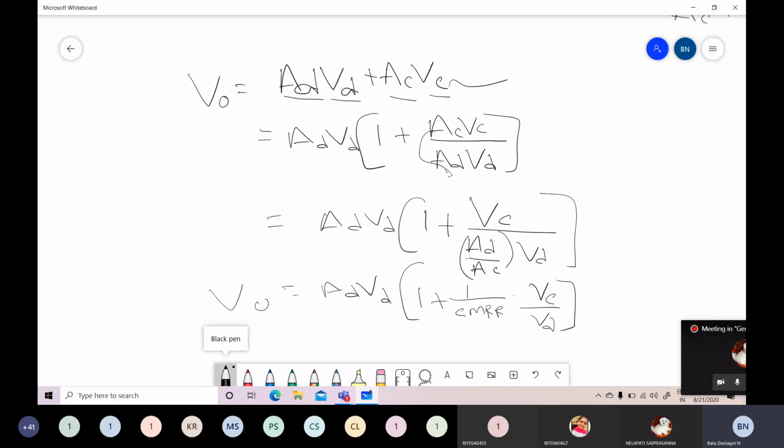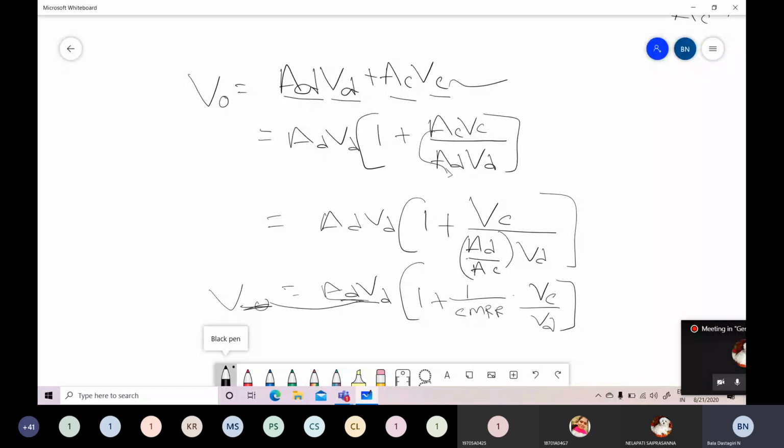Therefore V0 is AD into VD into 1 plus 1 by CMRR into VC by VD. So this output voltage V naught is directly proportional to the differential gain and the difference of the two input voltages, but it is not directly proportional to the common mode gain. This is what you can see from the relationship between V naught and CMRR.